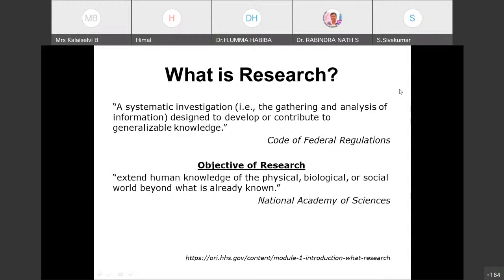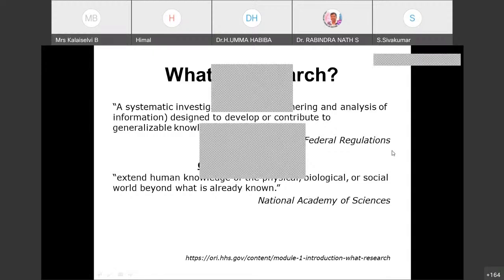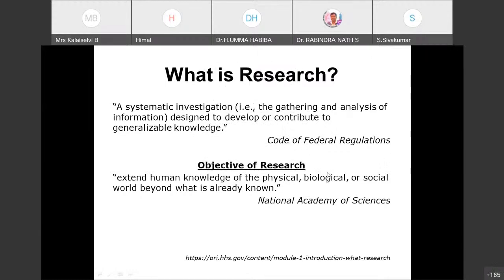For example, I took this one from something called the Code of Federal Regulations. It says: a systematic investigation, i.e. the gathering and analysis of information designed to develop or contribute to generalizable knowledge.